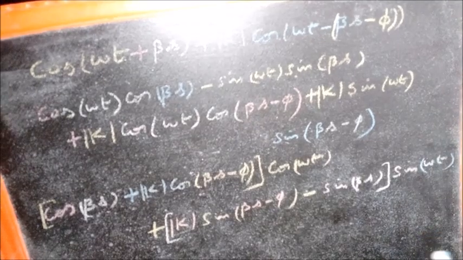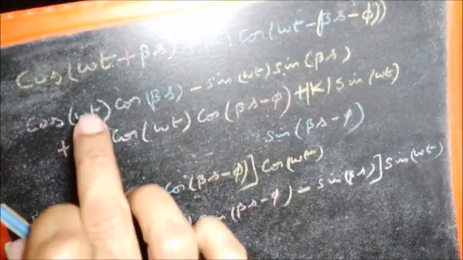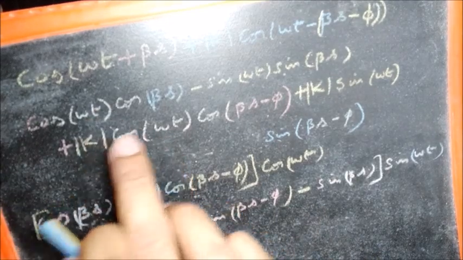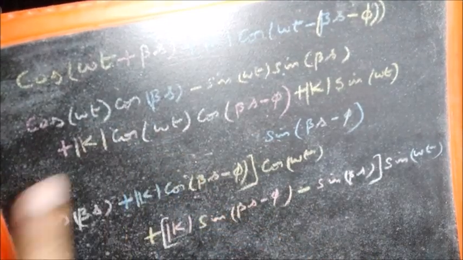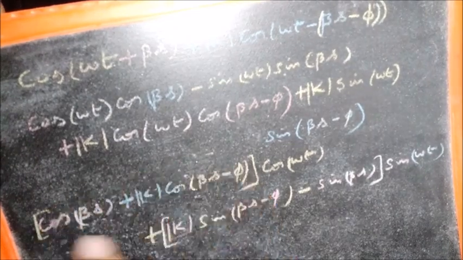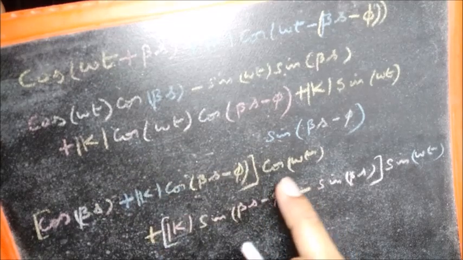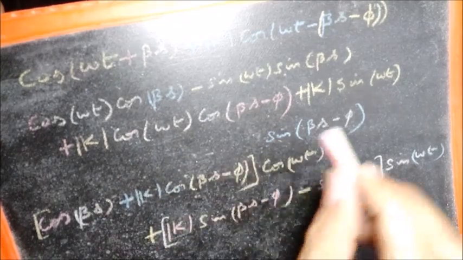So here the first term, as I said, cos omega t is taken as a common term, and we are ending up with cos beta s plus magnitude k cos(beta s minus phi) as the term which appears within brackets with cos omega t.